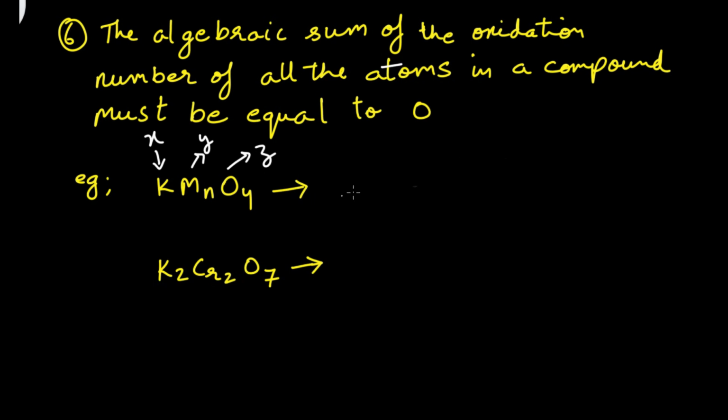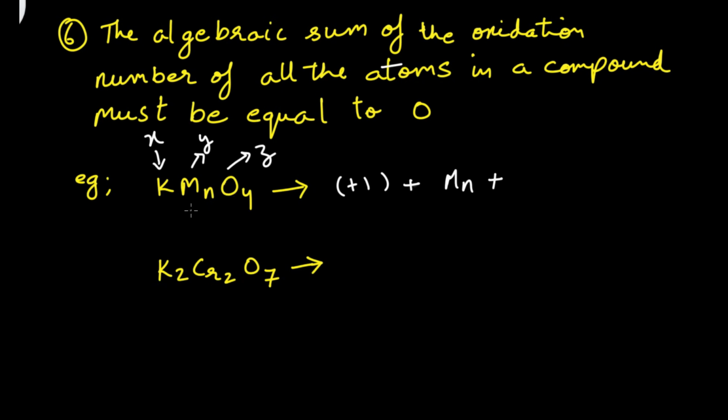We know that potassium is group 1, so the oxidation state is taken as +1. Plus, we don't know the oxidation state of manganese, so either I can take X or I can take manganese as it is. Plus, we know that the oxidation number of oxygen is taken as -2 in general.